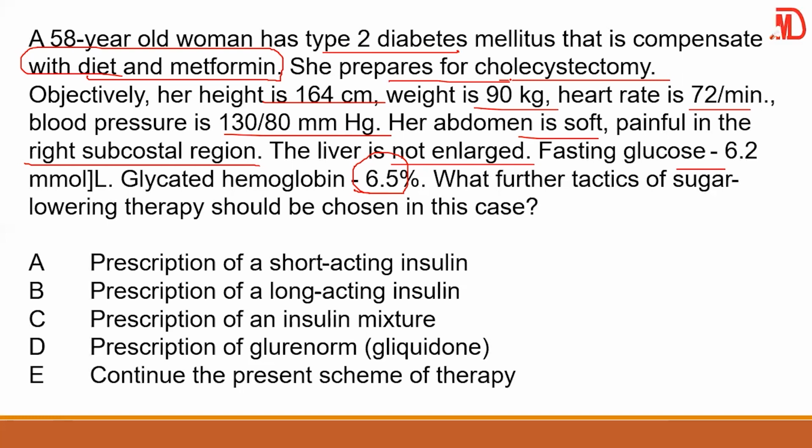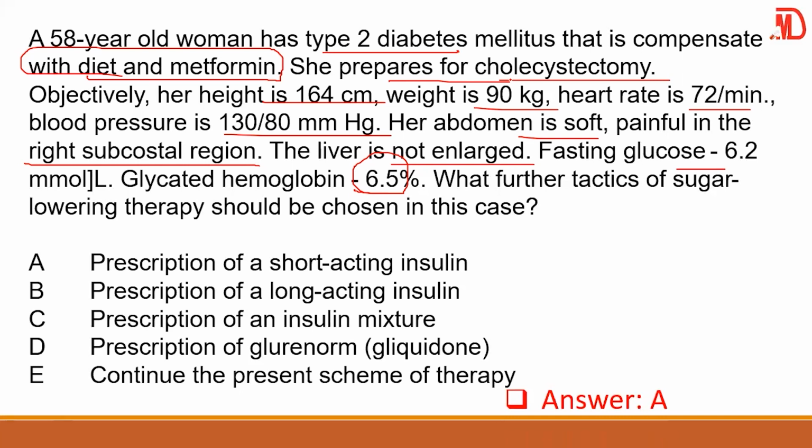So over here, we're looking at a prophylaxis for the patient that can help the patient undergo this surgery successfully. So to do that, we have to give a short-acting insulin. That's what we need to do to help this patient go through this surgery successfully. And over here, our answer would be A.